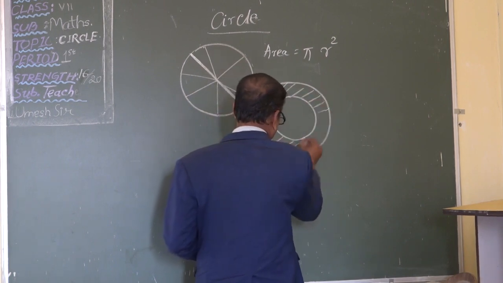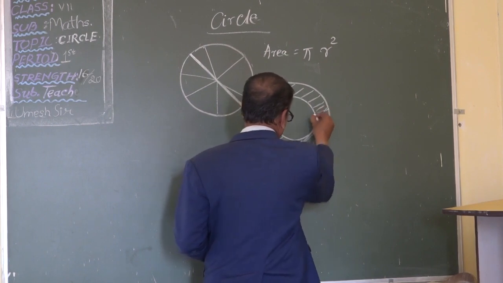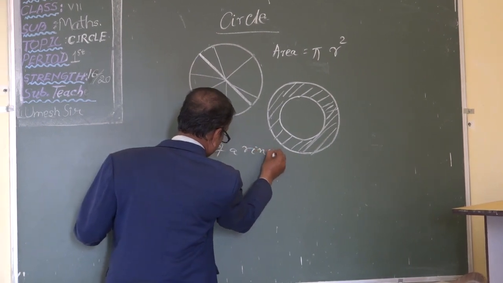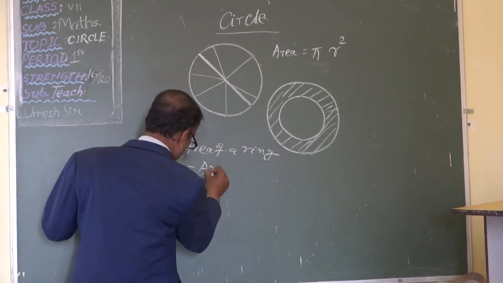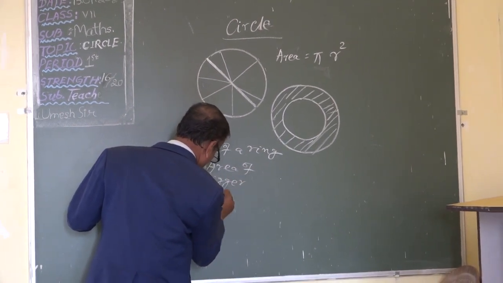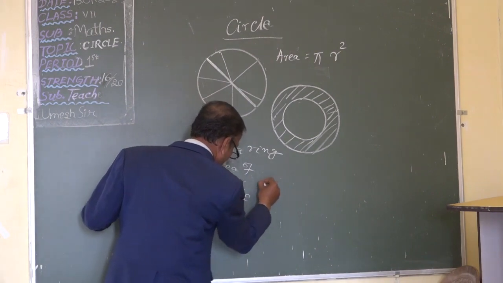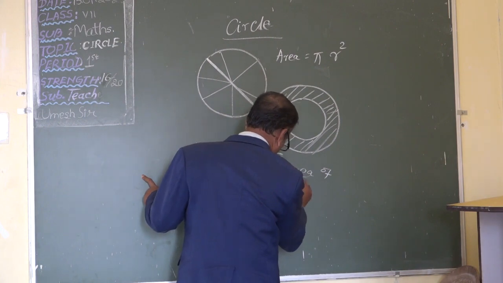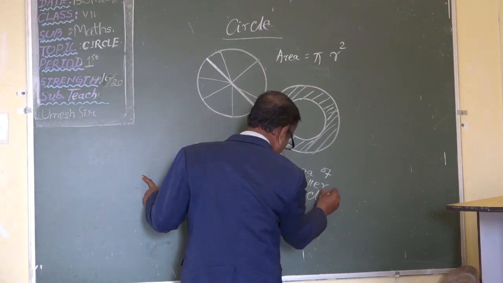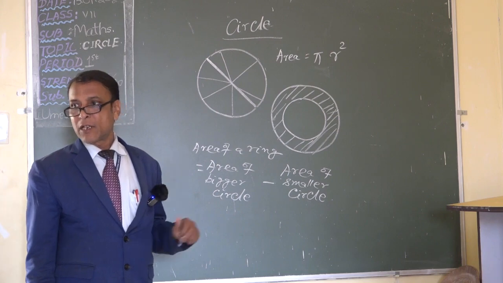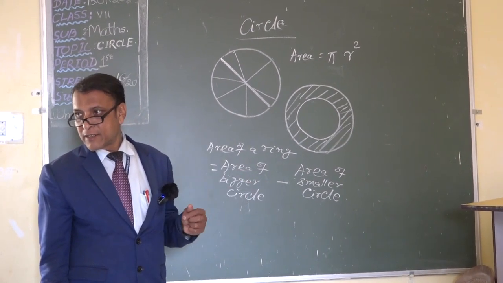The area of a ring is equal to area of bigger circle minus area of smaller circle. So if the radius of the two circles is given to you, then you can find the area of the ring.